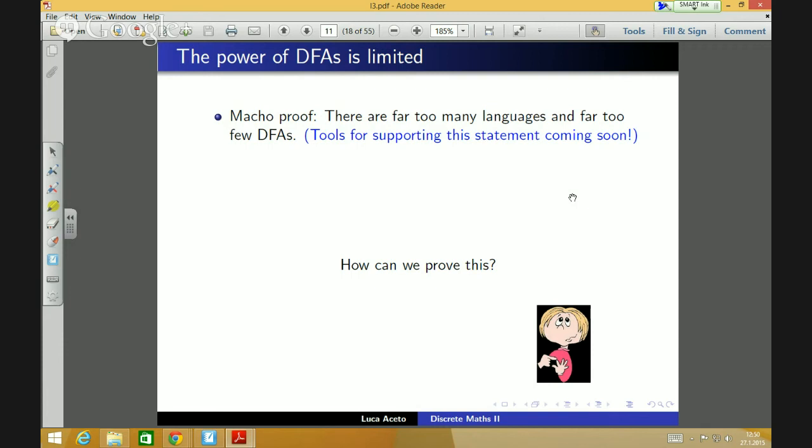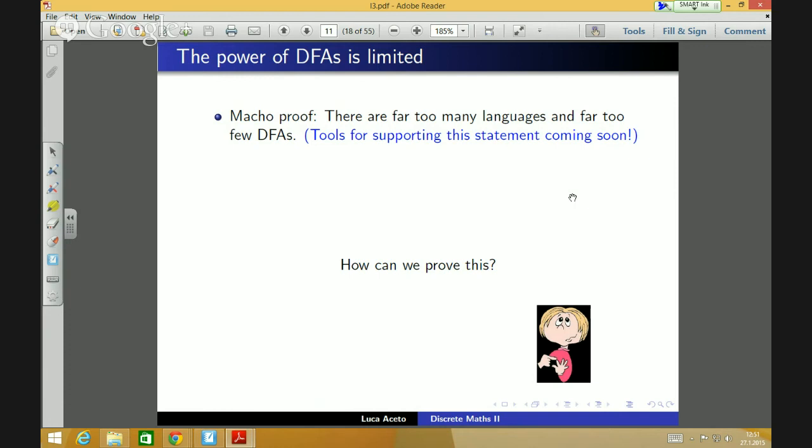Ergo, not every language can be accepted by a DFA. Now, you can believe this macho argument or not. And in fact, later on in this course, we will see some general arguments that substantiate what I've just said. Namely, the number of languages is way bigger than the number of DFAs. So we have too few DFAs actually to do the job.